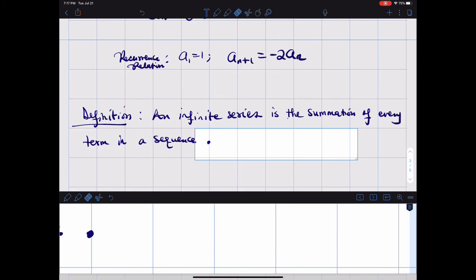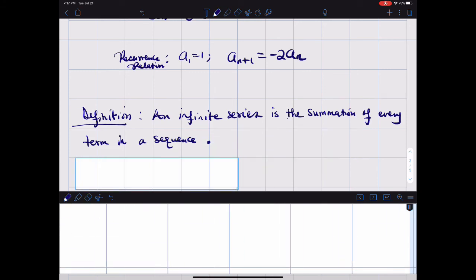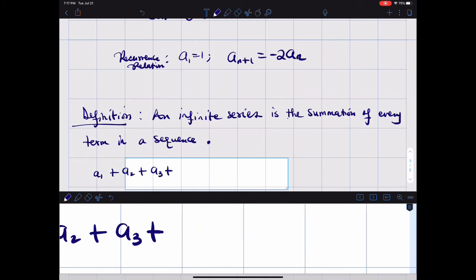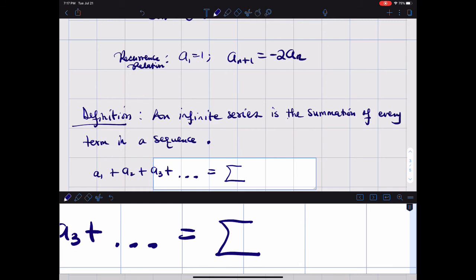Say you have the terms. The terms are A1 plus A2 plus A3 and so forth. You add everything up to infinity.